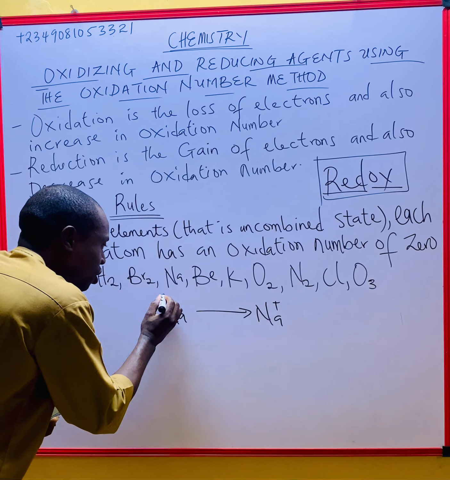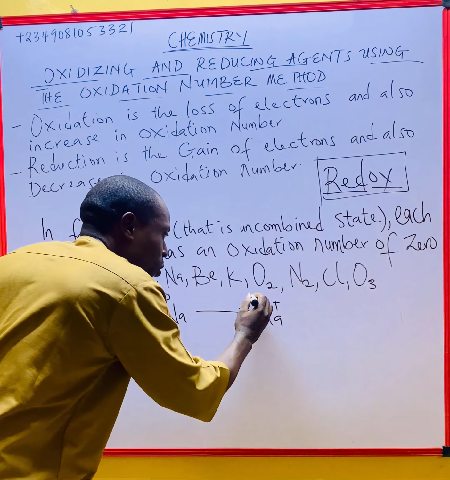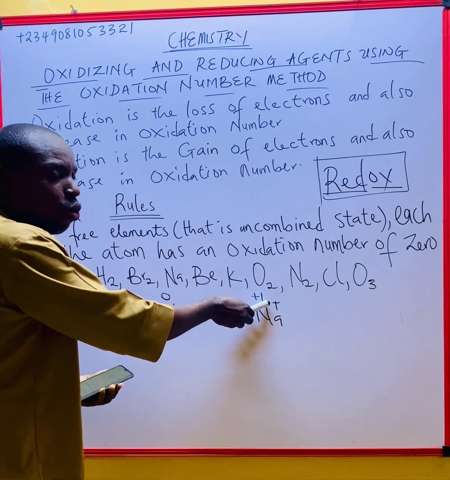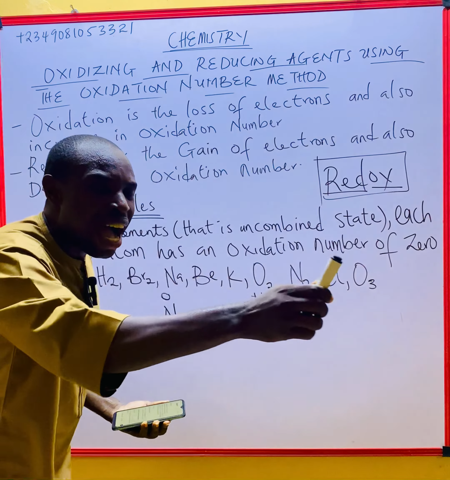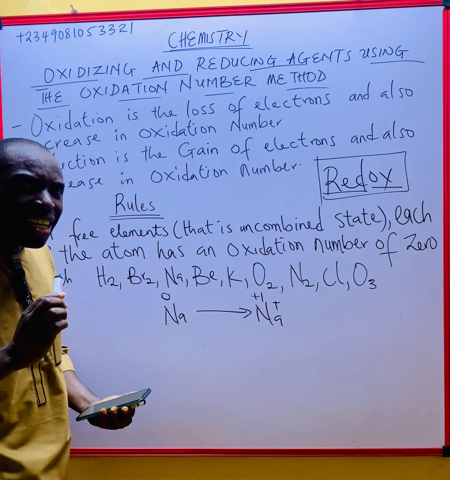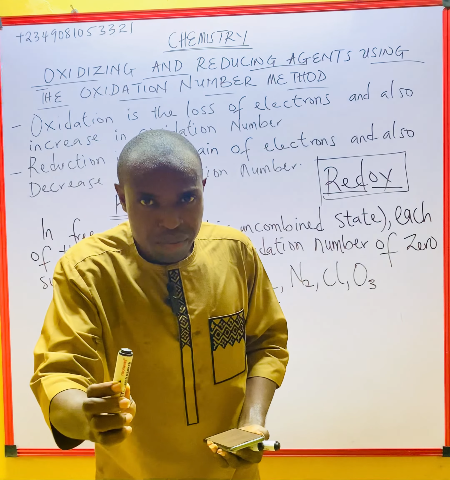So here it is 0. When it has a charge, it is equal to that charge, which is +1. Now observe, it is from 0 to +1, which means that there is an increase in oxidation number. And if there is an increase in oxidation number, it is simply oxidation.